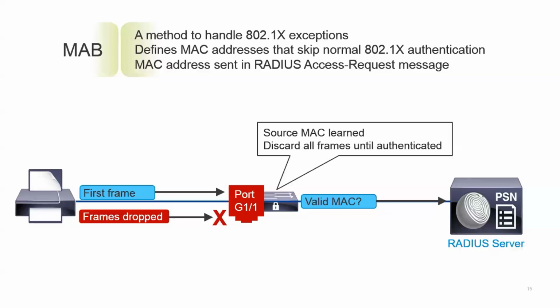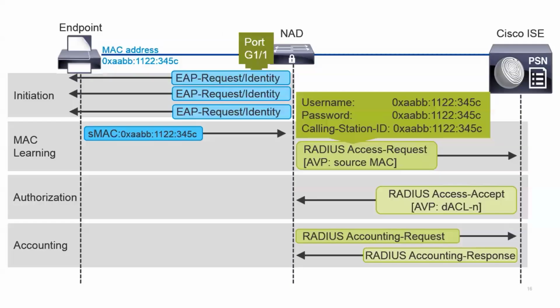In the diagram, let me show you the bigger picture. How MAB happens: the process is the same. You have the edge, and you don't have 802.1X, so you can see in the diagram request fail, request fail, request fail.